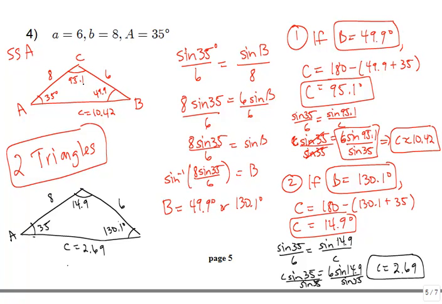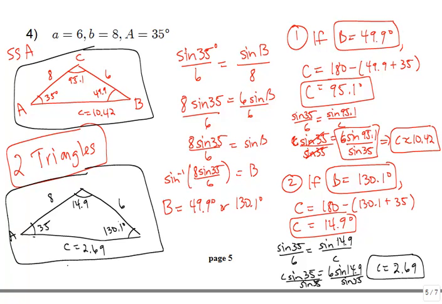So these are your two triangles, this one and this one. Okay, and both are valid solutions because all three angles were positive and smaller than 180 degrees.